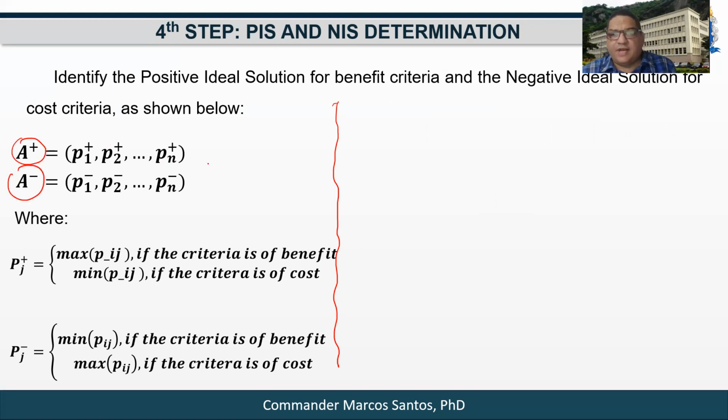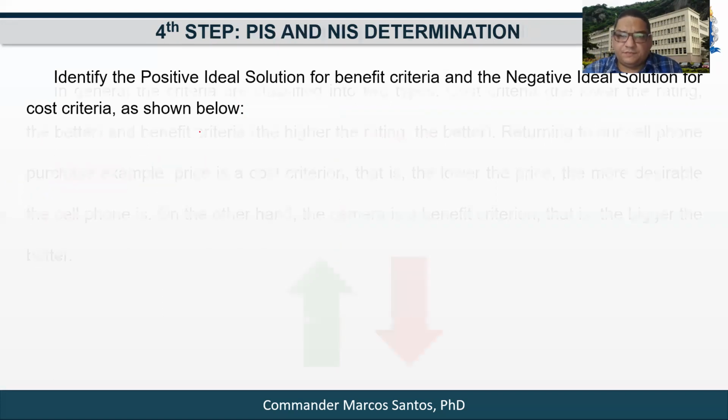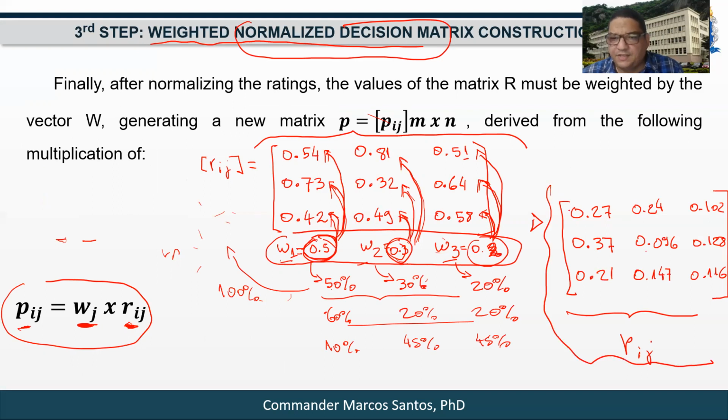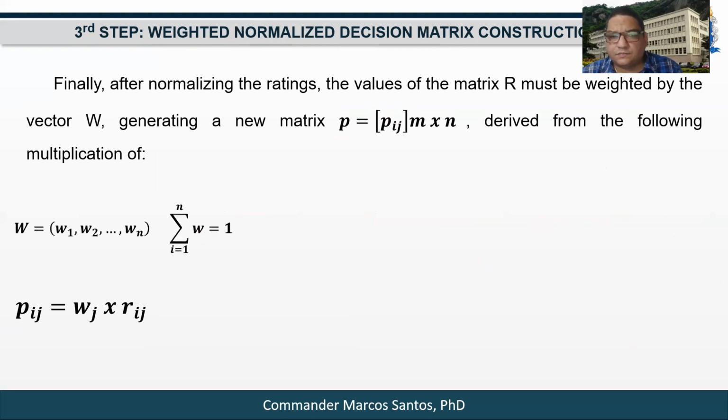So we have our matrix here, our matrix is here, PIG. I will rewrite this matrix on the next slide, on the next screen.